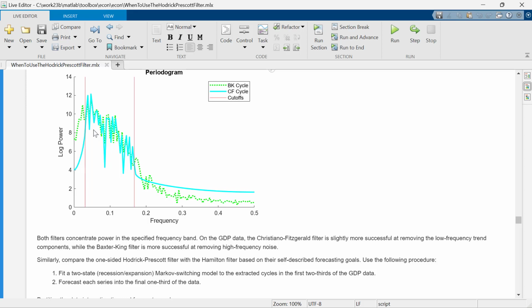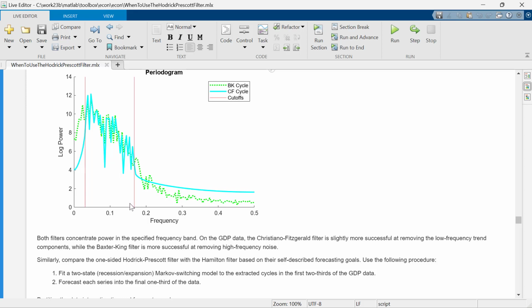They're both trying to say that the frequencies that represent the business cycles are the frequencies between these two delimiters. Both of these bandpass filters are trying to filter out these low frequency components and these high frequency components.